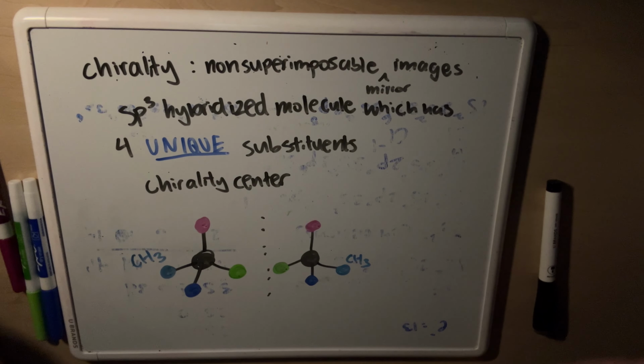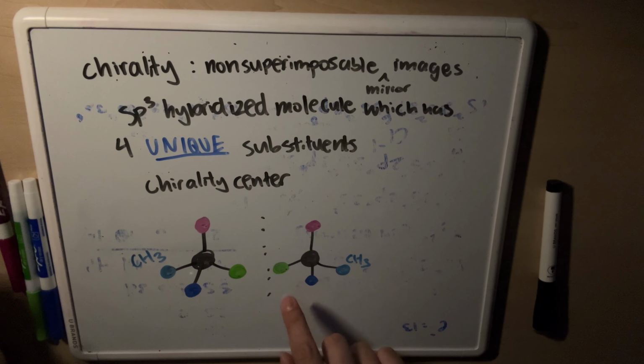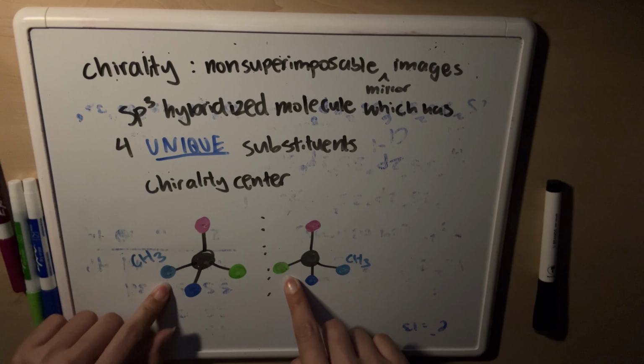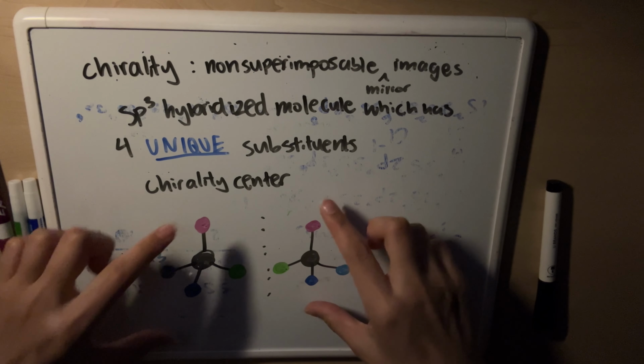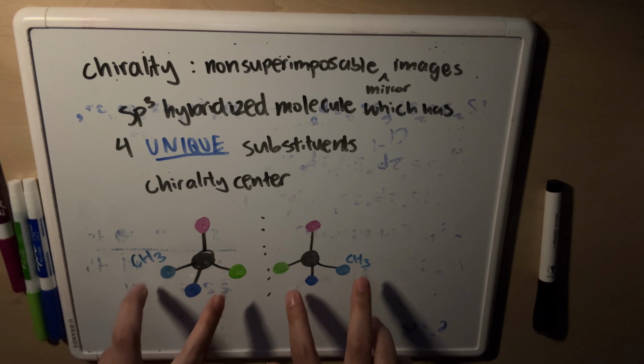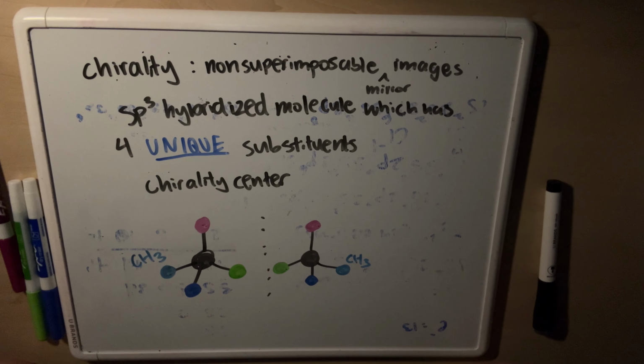When you do that, it's not going to be the same molecule, because this green atom would match with the methyl group, and the methyl group would go on the green atom, and these would make it not the same because they do not match. I hope that makes sense, and I hope it's less confusing than the hand example that professors love to do.